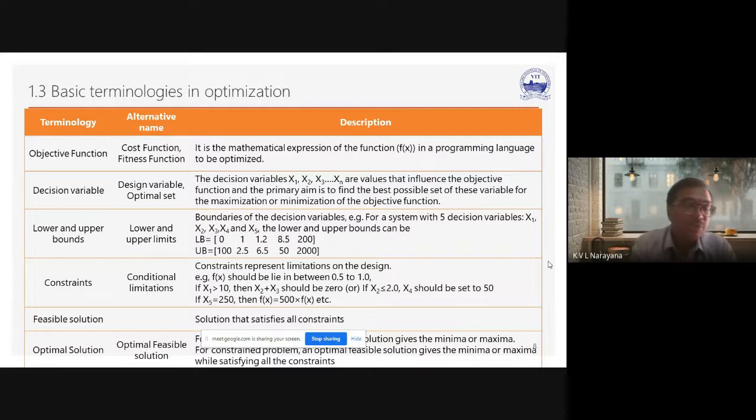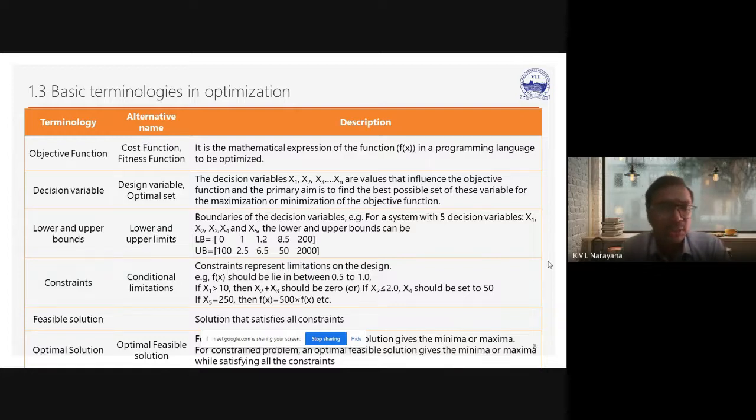These things will be clear when we discuss the IEEE 30 bus system, that is the optimal power flow problem. So there are various constraints. Without constraints, there is no problem. There is no design. Under some constraints and limitations only, we engineers usually design and construct the system. And for every problem, there is a feasible solution and an optimal solution.